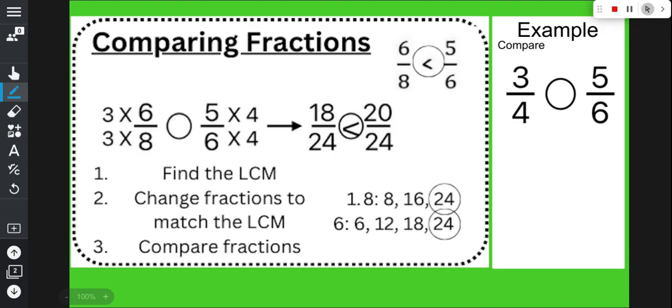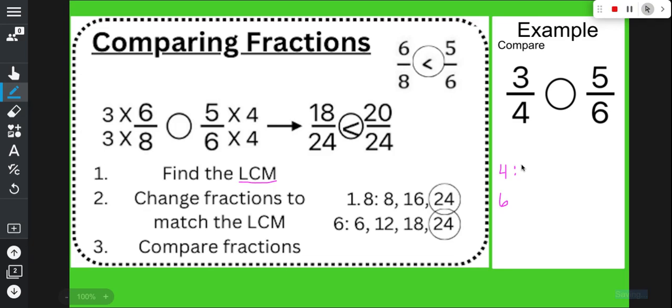So in this case, we need to find, in math terms, what we call the LCM, which is the least common multiple. Multiples are our count by numbers. So if we have a denominator of 4 and a denominator of 6, we're going to start looking at our count bys until we can find a count by that is similar in both.